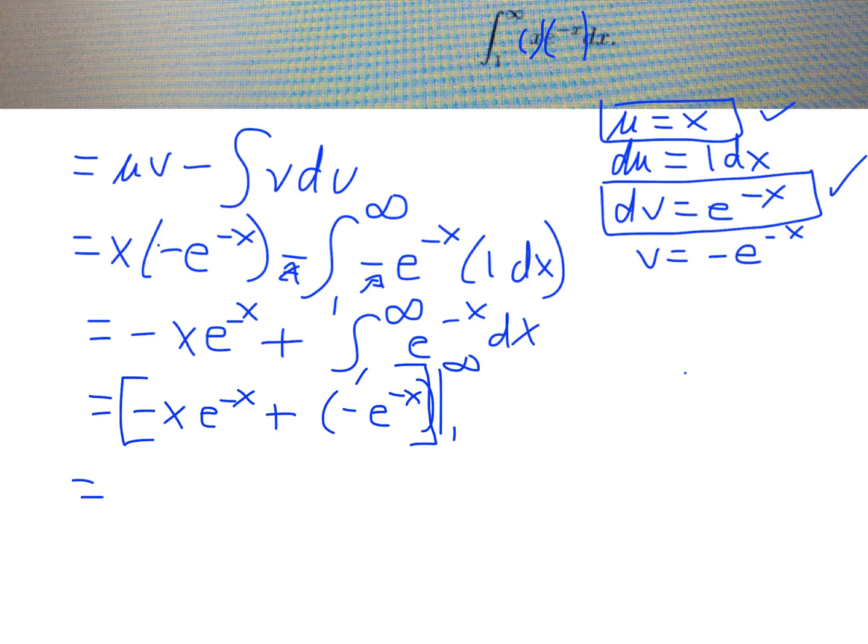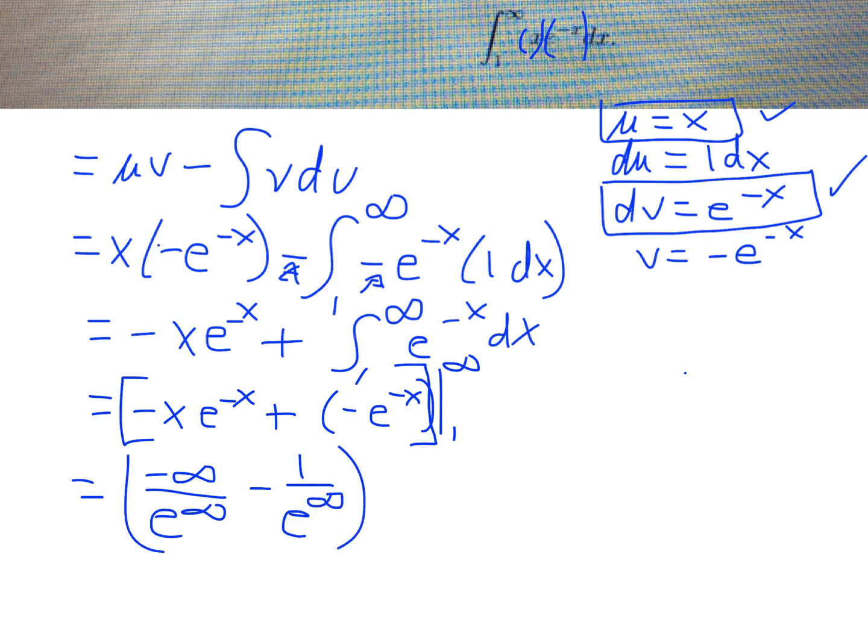If I start by putting in infinity, then I have negative x over e to the infinity, which is still going to become 0, minus, because that's plus and minus there, e to the negative infinity, which is 1 over e to the infinity, and that's going to go to 0.